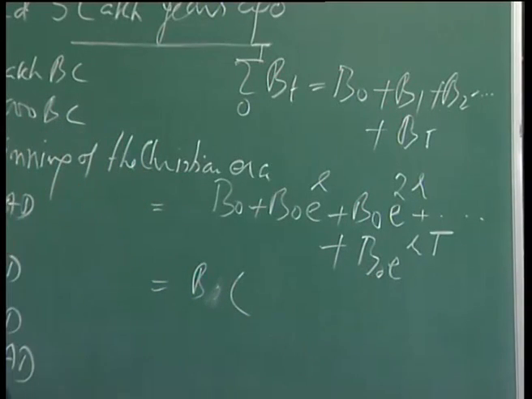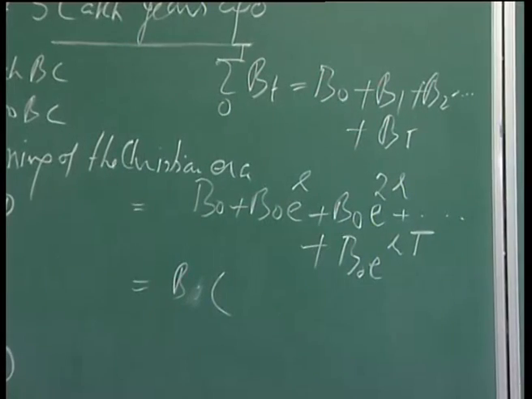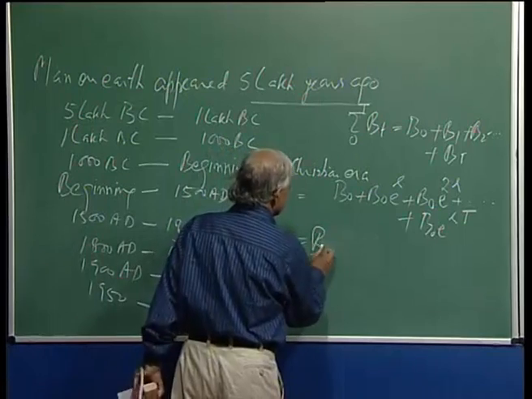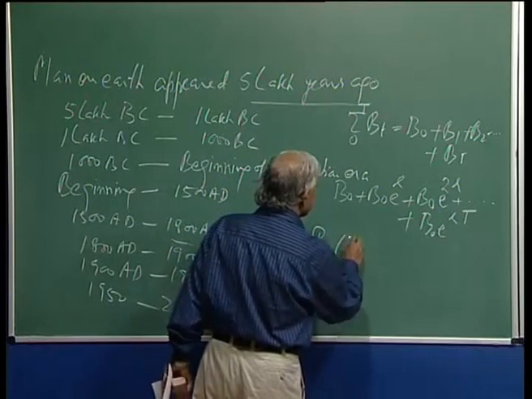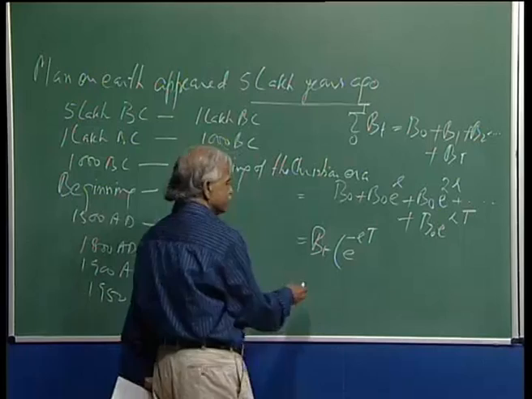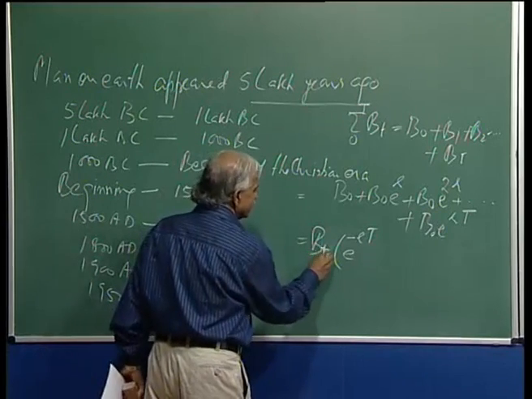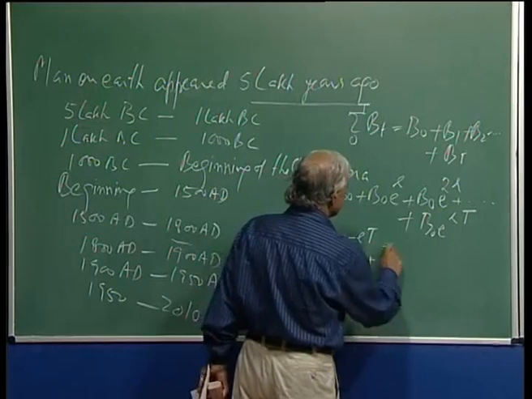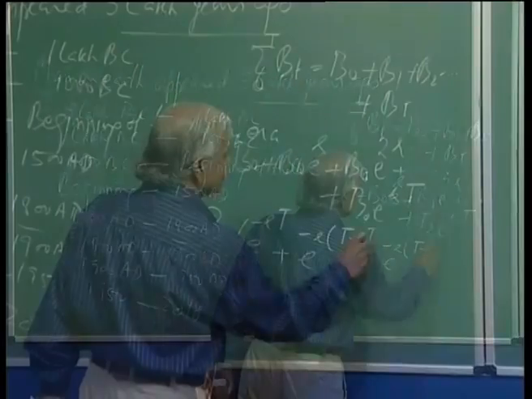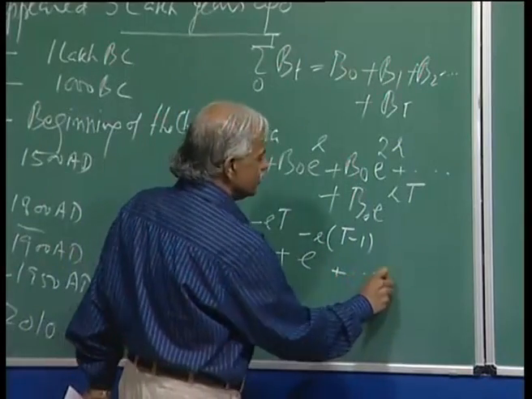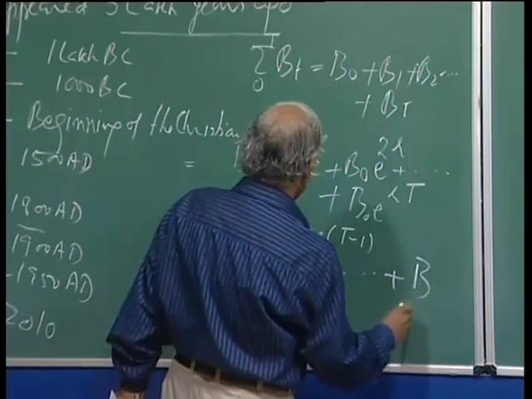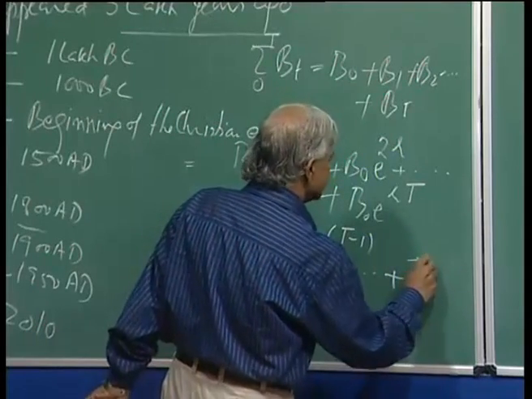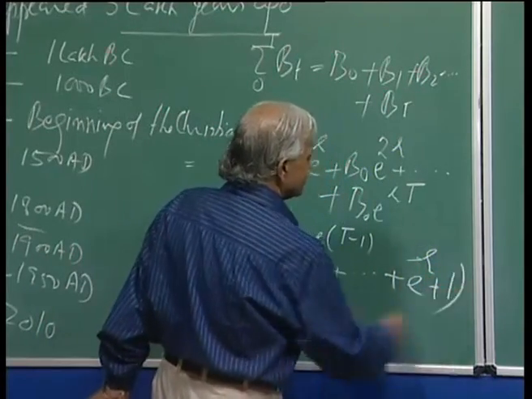The same expression can also be written in the form that B capital T, e raised to power minus rT plus e raised to power minus r(T minus 1), and this will go up to e raised to power minus r, plus 1.